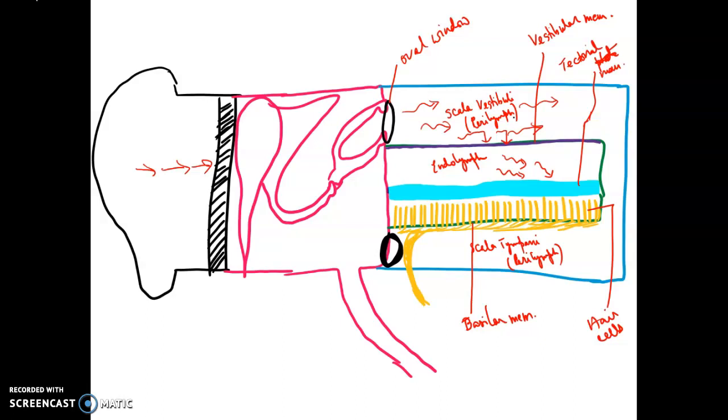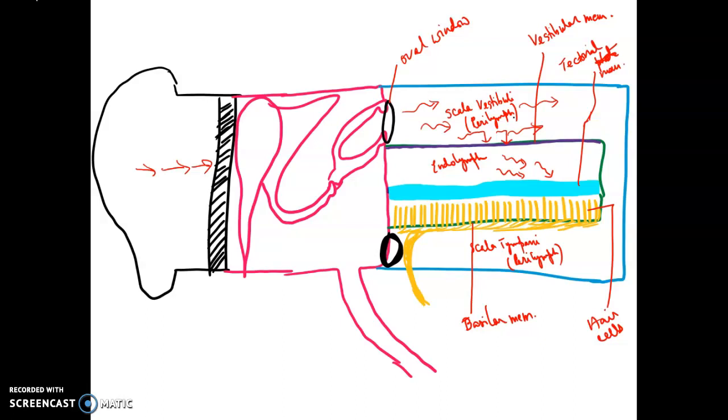Okay. This results in displacement of a specific region of the basilar membrane. So as the endolymph vibrates, that causes displacement of the basilar membrane. And you can imagine the hair cells being displaced. As the hair cells are displaced, they hit the tectorial membrane, and their heads bend.